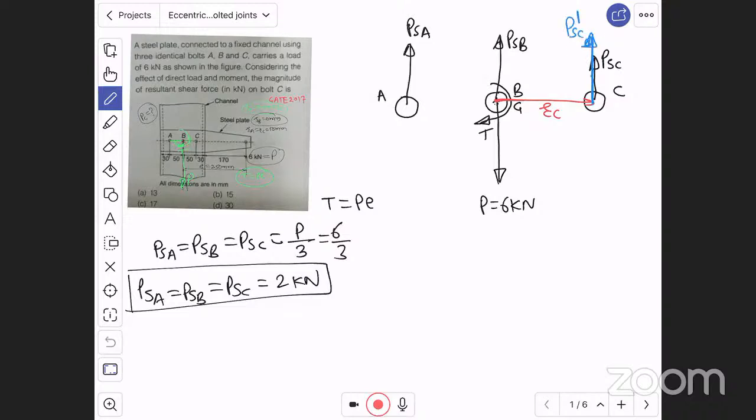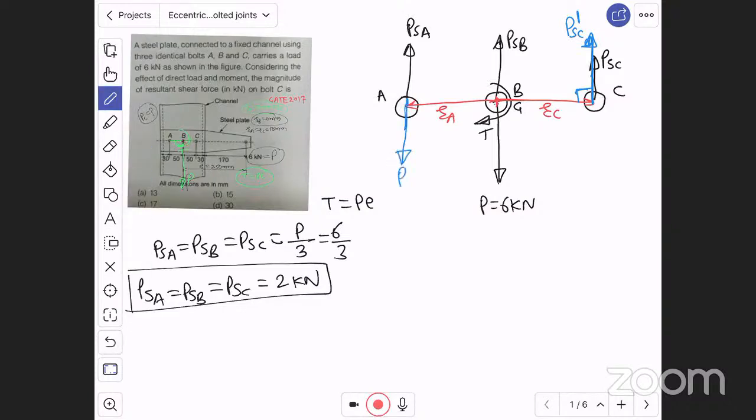PSC dash, there will be PSC dash perpendicular to radius, and which will create anti-clockwise torque about G. Right? Again, at A, radius of A, RA. This is radius of A from G to A distance, RA. And for this RA, there will be a perpendicular load which will create anti-clockwise torque like this.